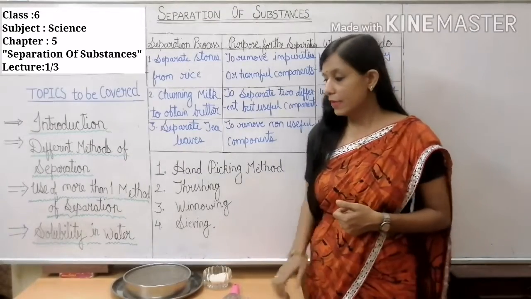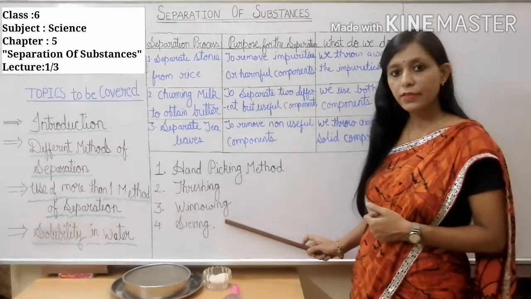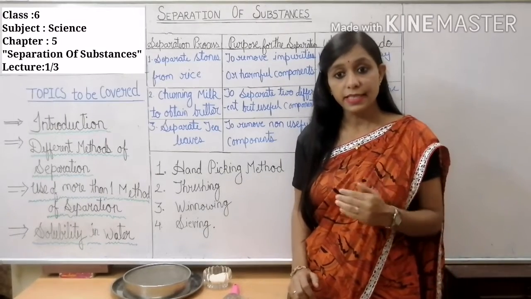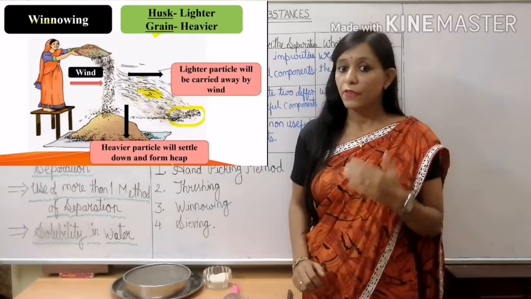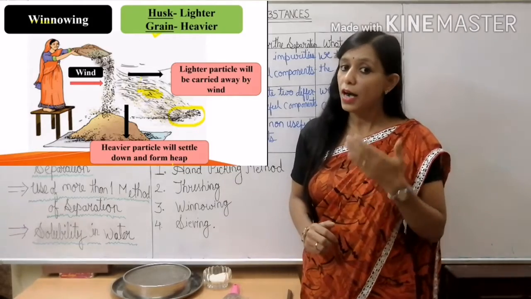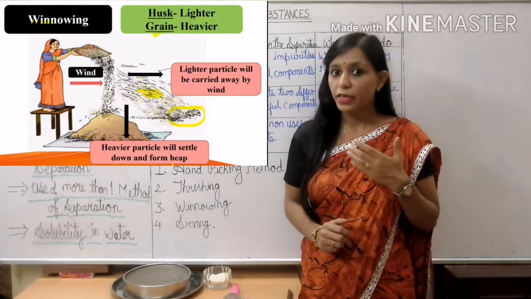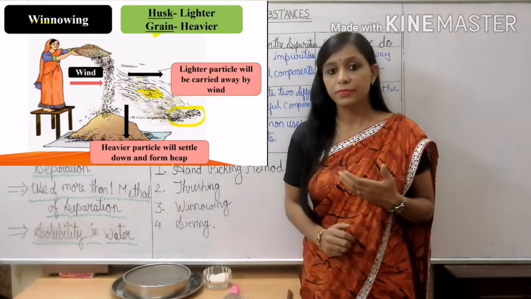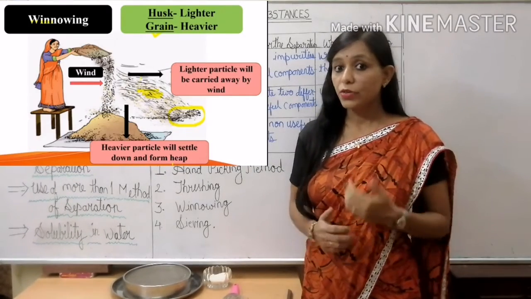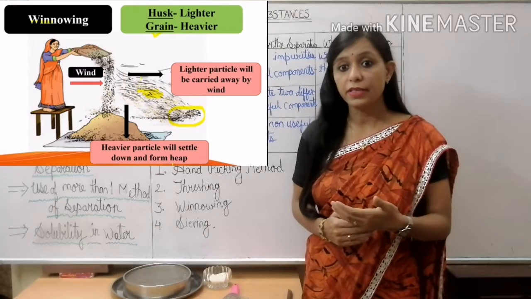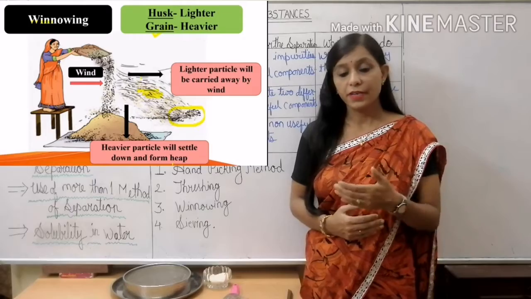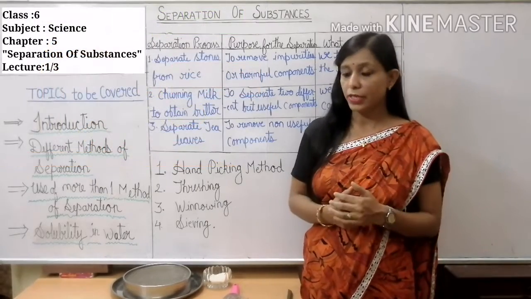Now we will come to our next method, and that is winnowing. Winnowing is the method that was developed in olden days for separating grains from husk. Here you can see a lady using the same technique. Winnowing is used to separate heavier and lighter components of a mixture by wind or by blowing air.